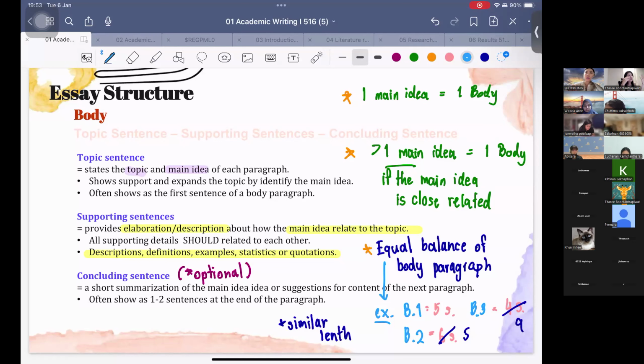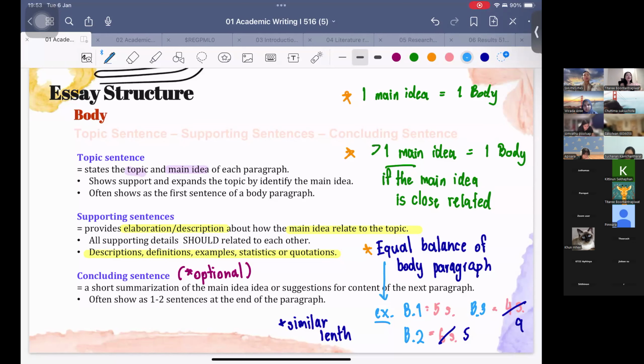It is possible, like if you write an essay about positive and negative things. So for body paragraph 1, you might have two main ideas about the positive, and then body paragraph 2, you might have two main ideas about the negative. That is possible. So again, the most common type of writing is one main idea per one paragraph.